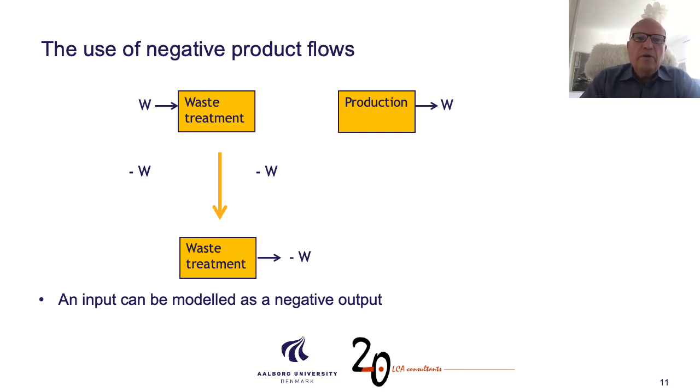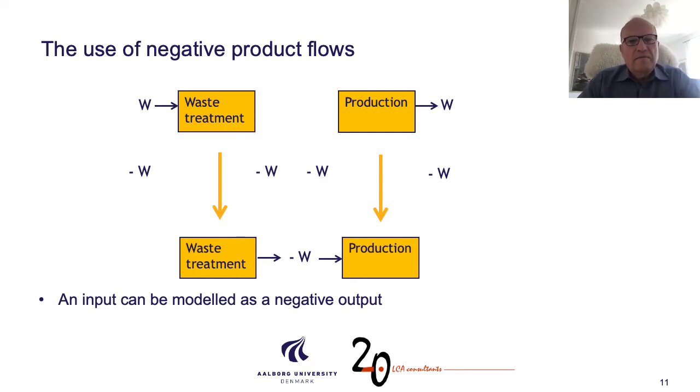Similarly, we can look at the output of a production activity that has a waste output. This waste can also be changed into a negative input by putting a minus sign on both sides of the equation here. So the resulting system will have a minus input to the production of waste and a minus W output of the waste treatment.